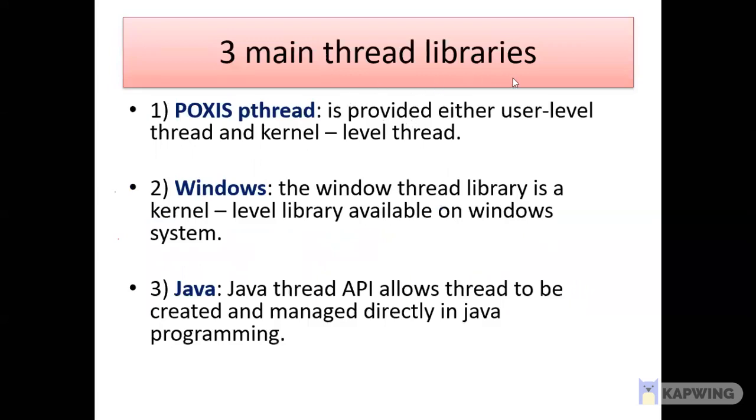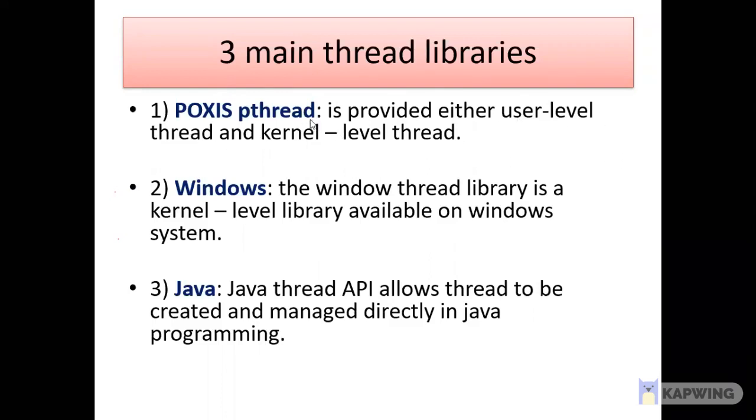Three main thread libraries are available in operating systems. The first one is POSIX threads, the second one is Windows threads, and the last one is Java threads. The POSIX thread library is provided as either user-level or kernel-level. These are the inbuilt libraries provided at user level or kernel level.